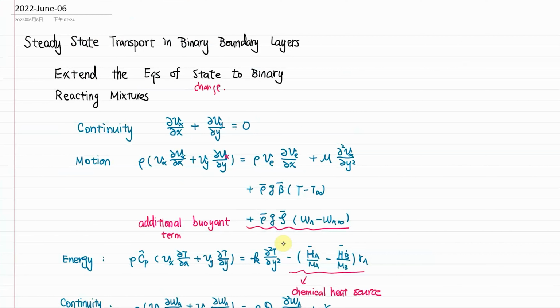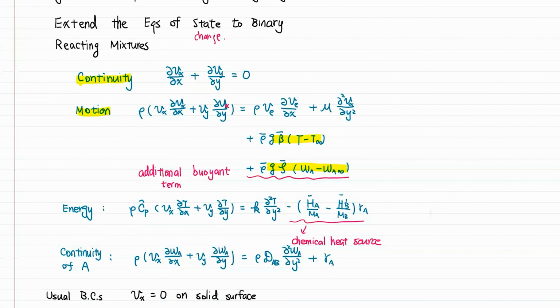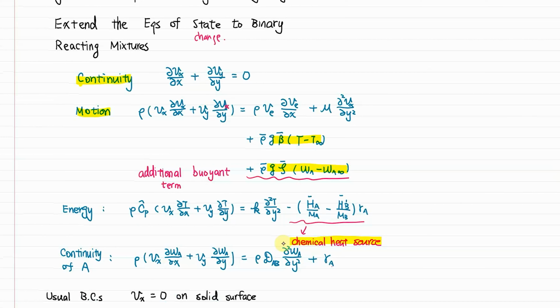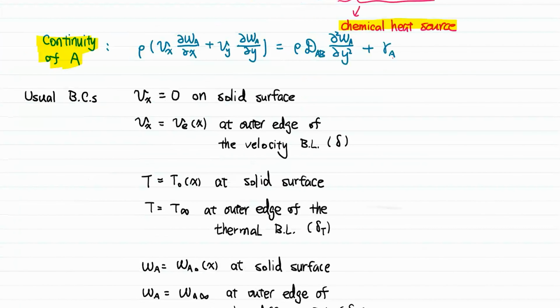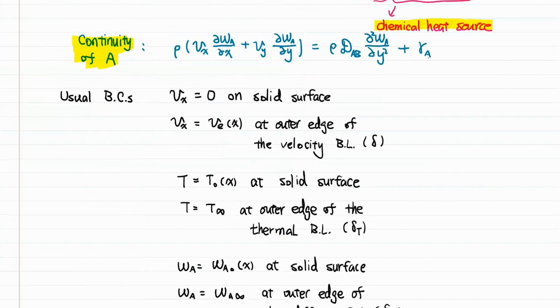So we have the equation of continuity. The equation of motion now includes two buoyant terms. The equation of energy now includes an additional term for chemical heat source, and then we introduce the continuity of A, right? So this is for mass transfer systems. Looking at the boundary conditions, again, we have Vx, so the no-slip condition on a solid surface, and the equal velocity at the outer edge of the boundary layer, it should be equal to the potential flow.